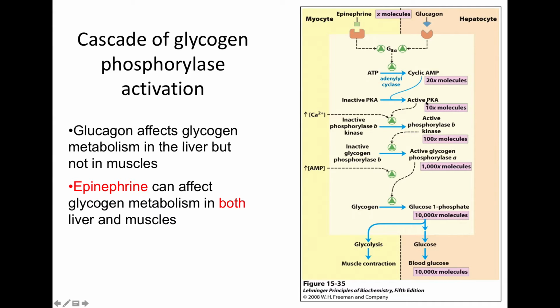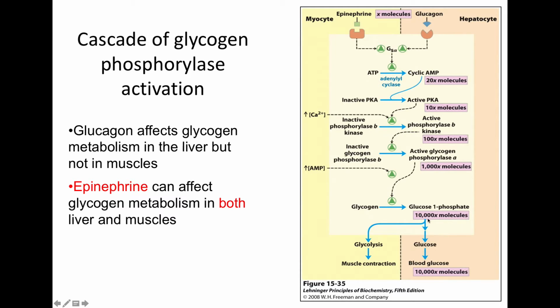Protein kinase A will activate phosphorylase B kinase. This active phosphorylase B kinase will phosphorylate glycogen phosphorylase. So glycogen phosphorylase will become active, and the active glycogen phosphorylase will hydrolyze glycogen into glucose 1-phosphate.